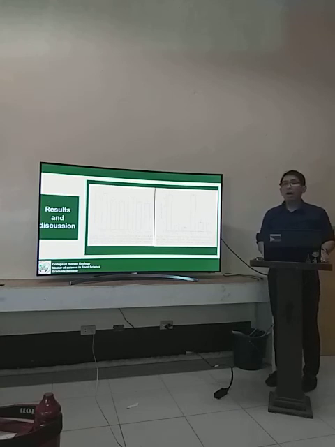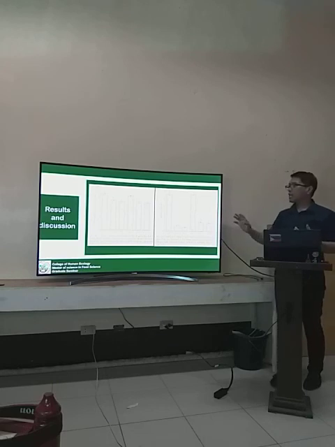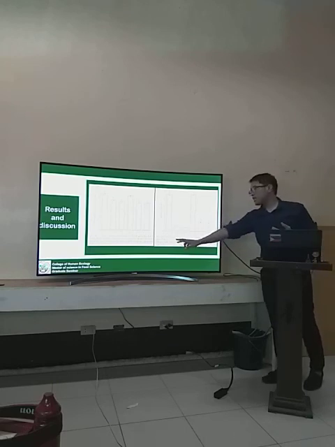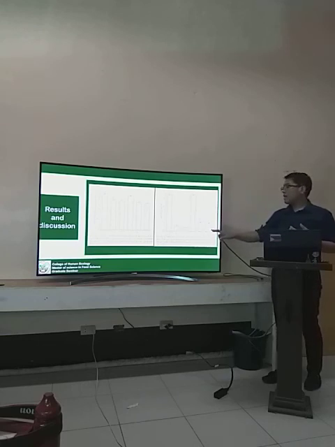Then, in terms of sensory evaluation, this is the result. The bitterness intensity was evaluated sensorially. As shown in the table, S1 and F1, which are the unencapsulated treatments, have higher detected bitterness than S2, S3, F2, and F3, which are the encapsulated samples.